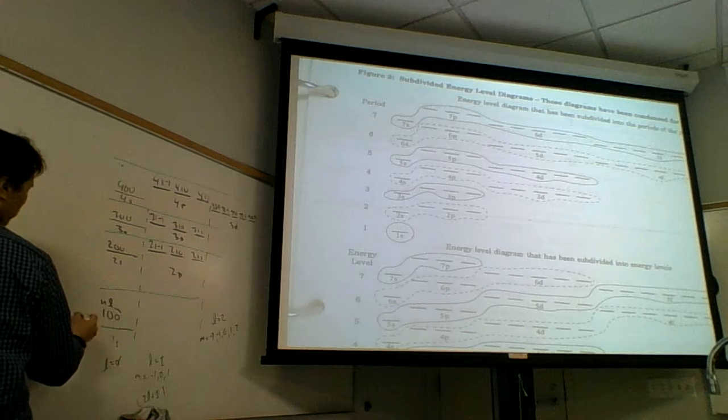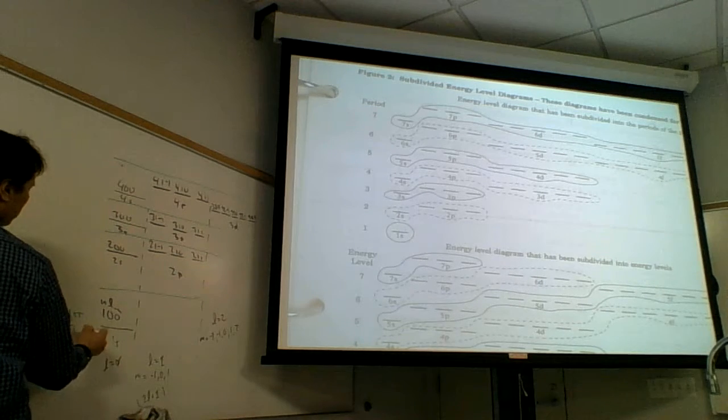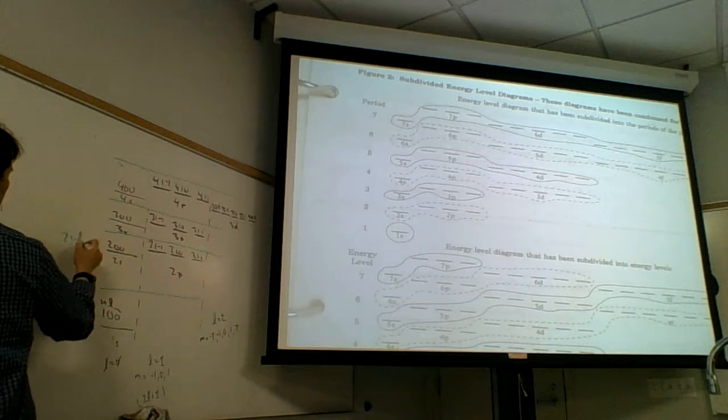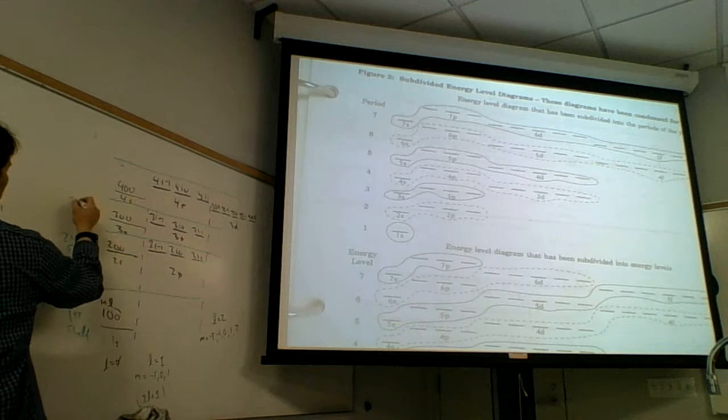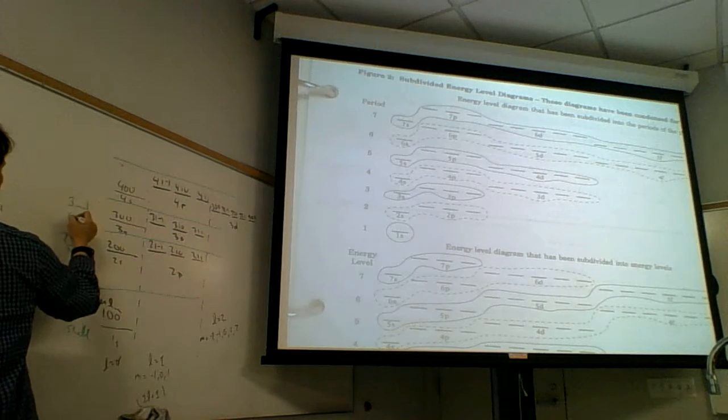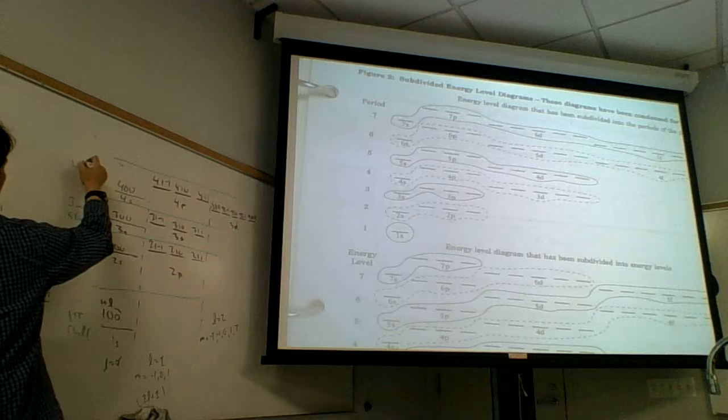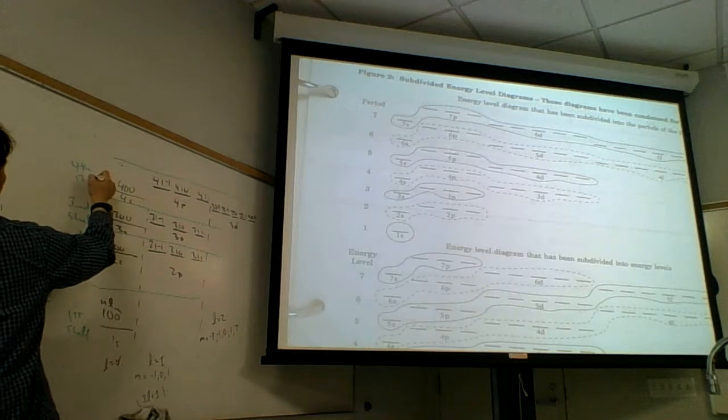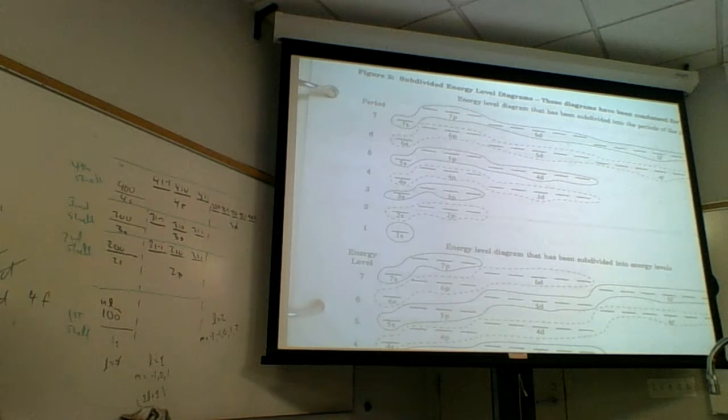So we'll see first shell, second shell or period, third shell. This way we can build up the entire orbital energy level diagram up to n equals infinity. It's just a mathematical pattern that we keep filling in on up.